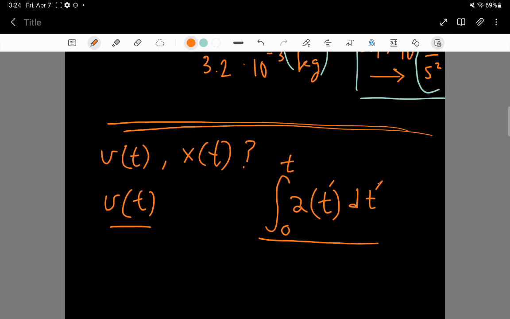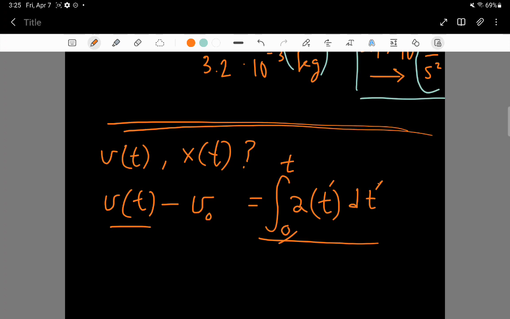And what this integral really is, actually, is the change in the velocity. So it's the delta v from 0 up to t. So the change in the velocity is also known as v of t minus the velocity at 0, which is known as v naught.